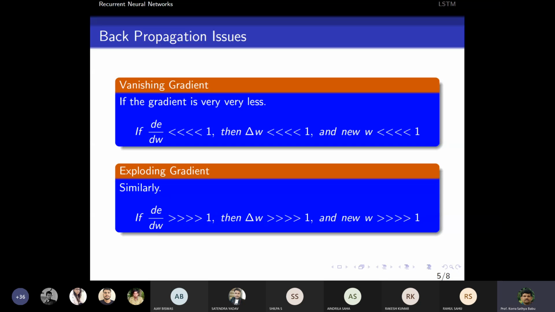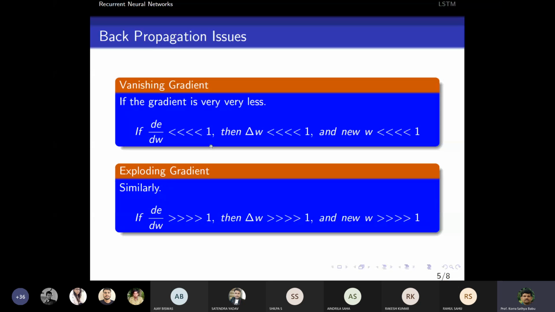If the gradient is very small, it means that dE by dW, the rate of change of the error with respect to the weight, is very much less than 1.